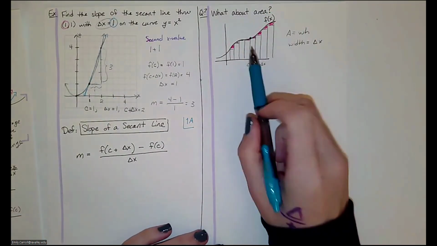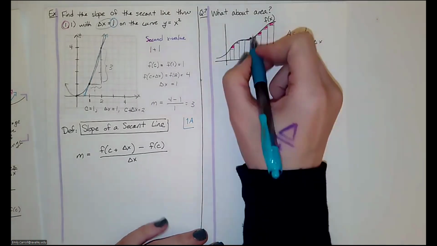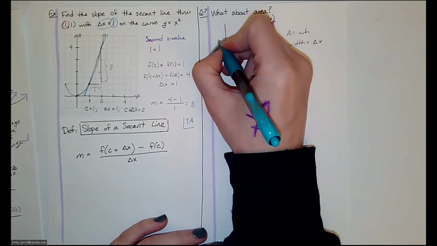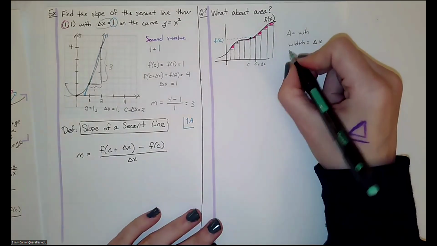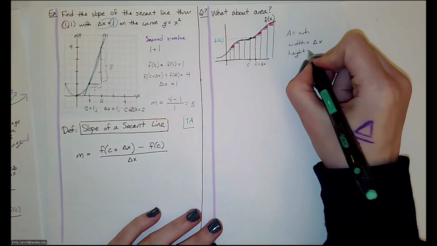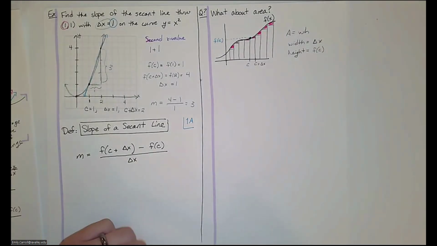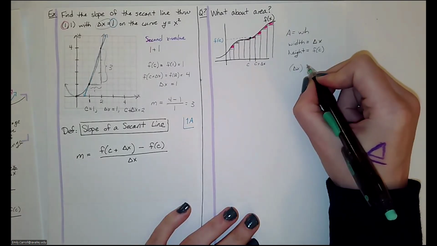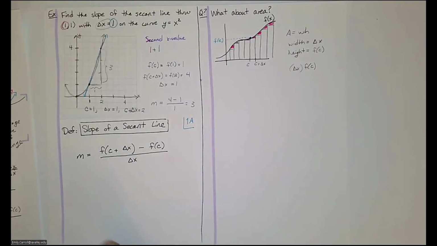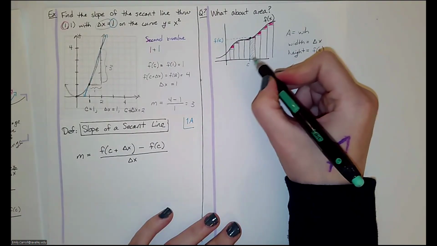The height is going to be whatever the y value is right there, and the way I've drawn this, that height is f of c. So the area of one rectangle is delta x times f of c. That gives me just that area specifically.